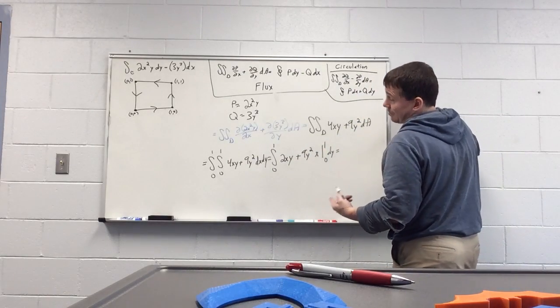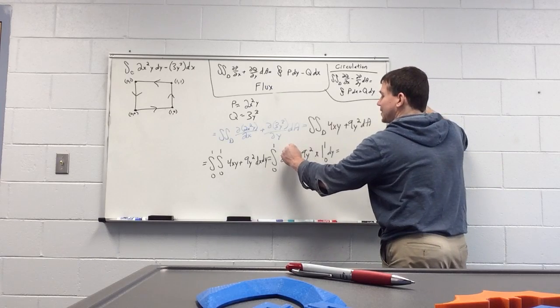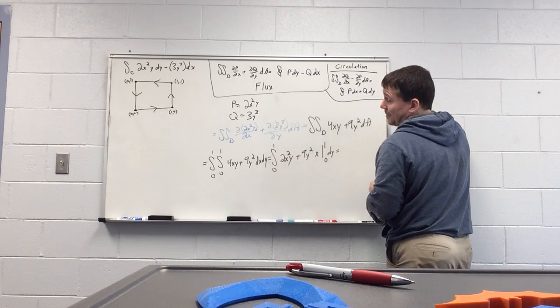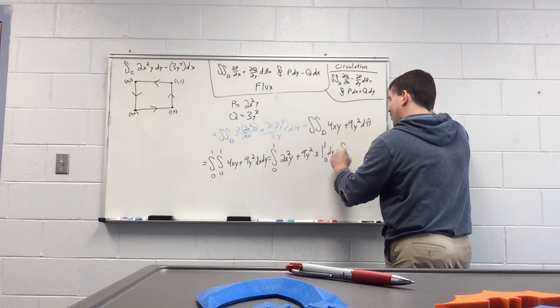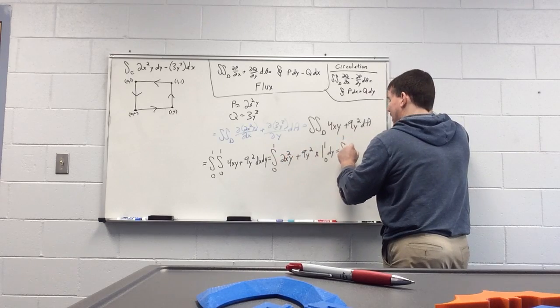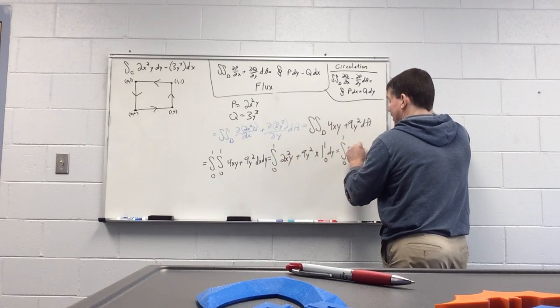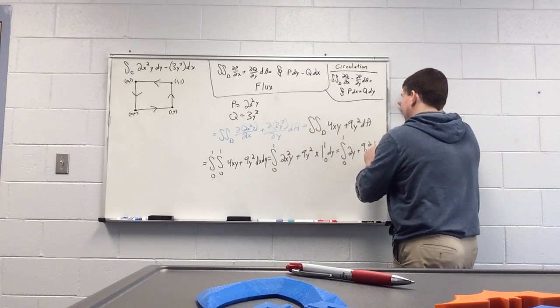Plugging in the 0 doesn't actually matter. And so when I plug in 1, I get 2 times y, the x squared is just 1, plus 9y squared, again the x is just 1, dy.